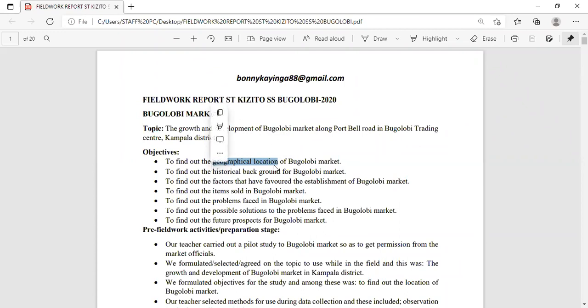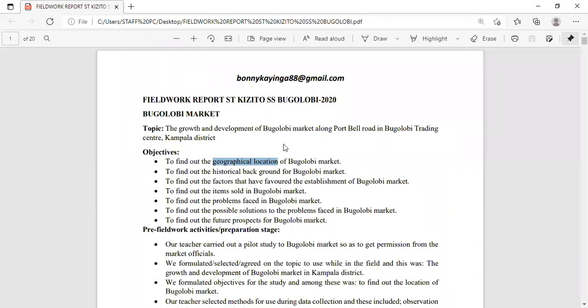You start with the location, because an objective gives you what you are going to study about. You can't say that I'm going to start with the future prospects. Like the way when you are dressing up, do you start with the inner garment? Then you come to the outer garment, isn't it?